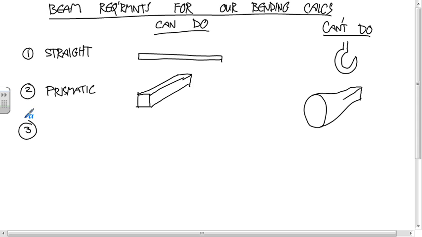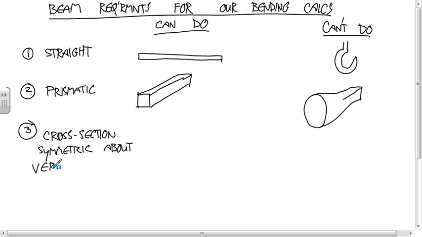And third, the cross-section of the beam has to be symmetric about a vertical axis. Now I'm assuming bending in the direction that all of our bending moment diagrams have been, so the bending moment is about a horizontal axis.